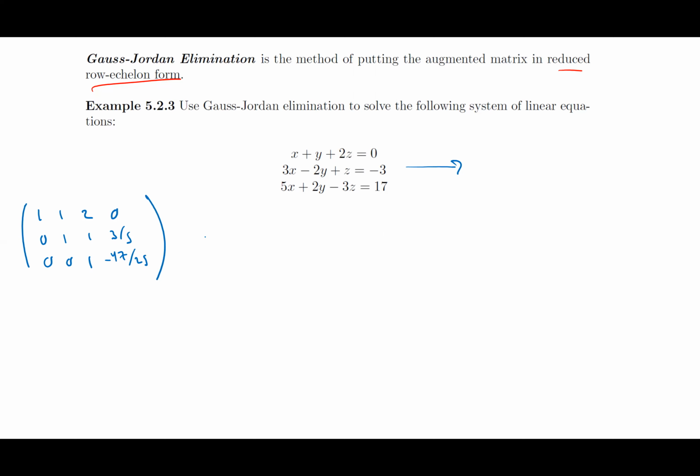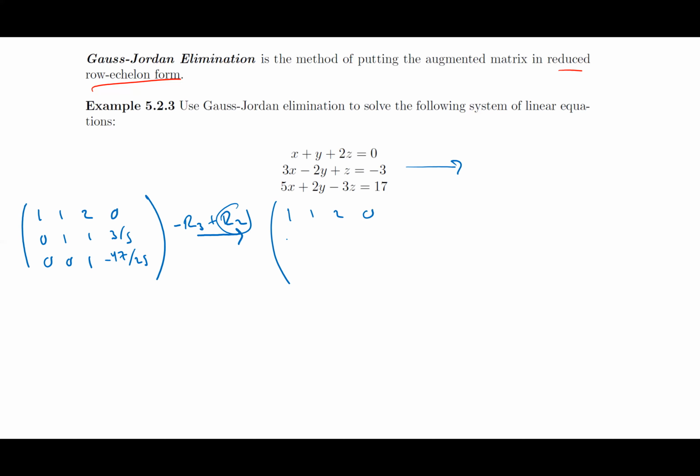So the first thing is I am going to work with row 2. So I'm going to take negative row 3 and add it to row 2. Okay? And again, I'm changing row 2. So 1, 1, 2, 0 on top.